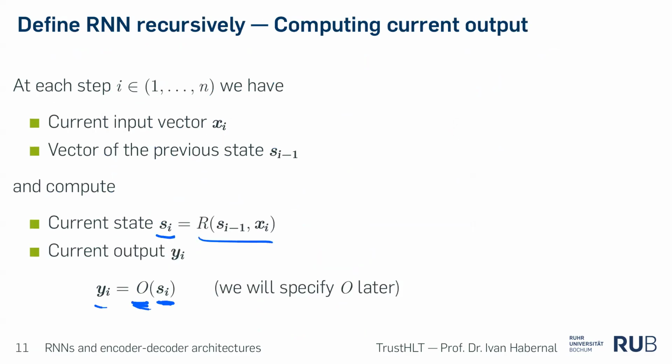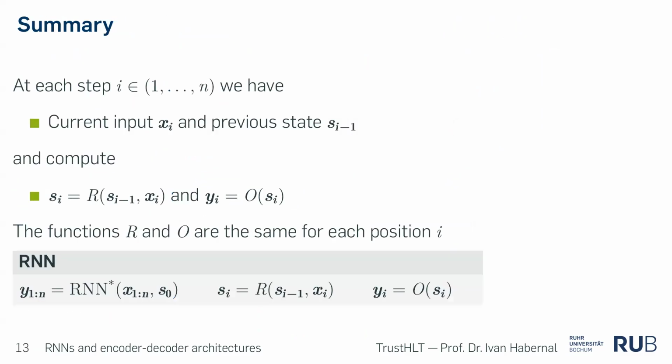We have state vectors, adding these functions, summary. So at each step, we have the previous input and the current state, and we compute the next state and the output. And the functions, okay, so what is important? The functions R and O, of course, are the same for each position.